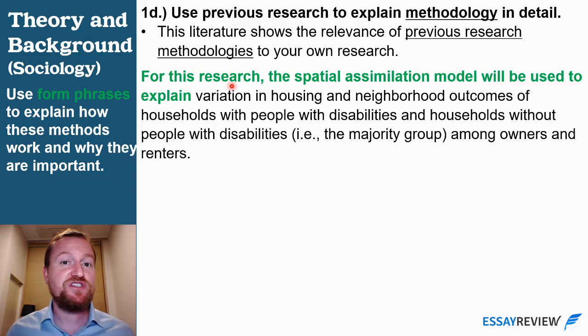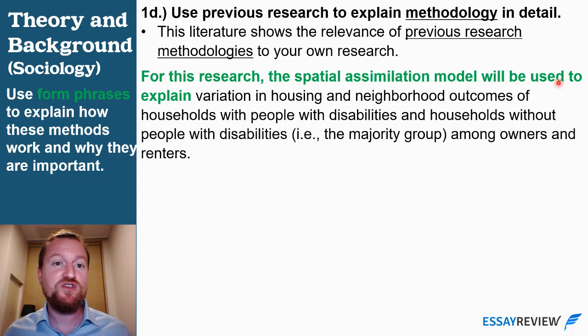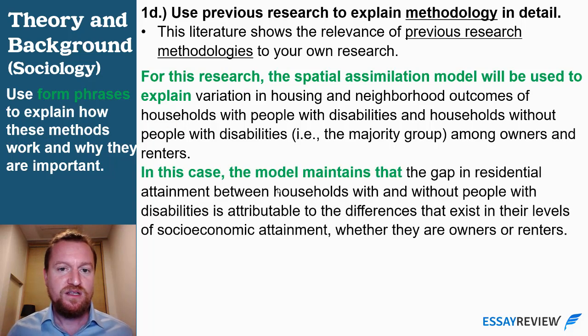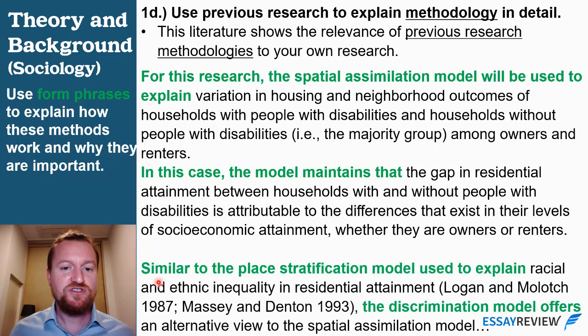Here's some more. For this research, the spatial assimilation model will be used to explain... In this case, the model maintains that, similar to the place stratification model used to explain X, the discrimination model offers... In this study, I chose it is from PLOS, I believe, Public Library of Science. There is a lot of methodological literature being reviewed.